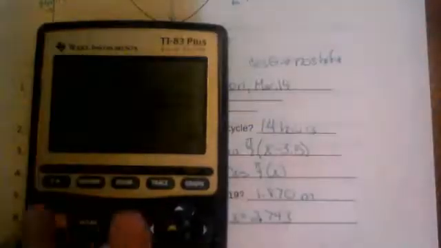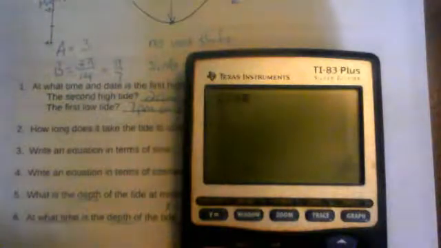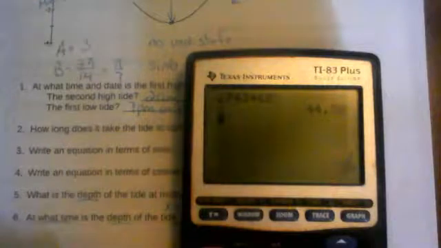But if this is something that's a little hard for you to figure out, if it's not quite as exact as 0.75, here's what you can do. You can take whatever this decimal portion is, so in this case 0.743, and multiply that times 60 minutes.